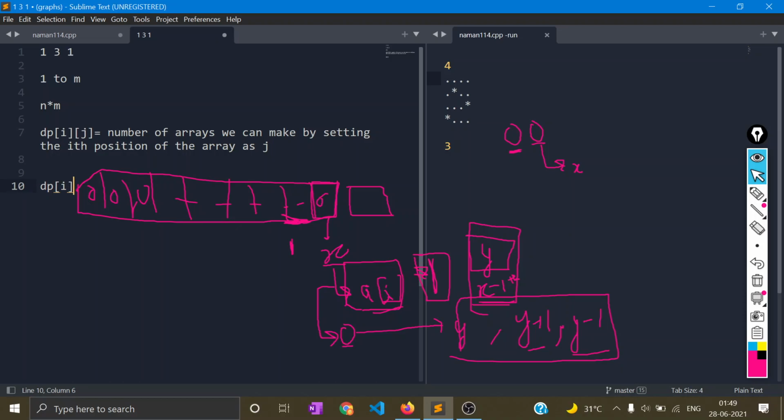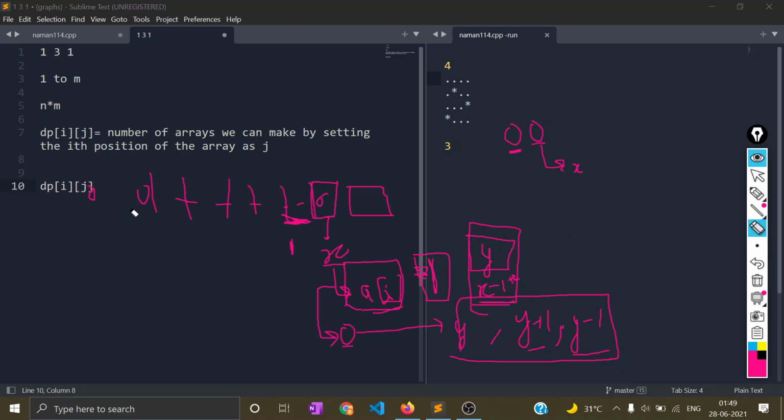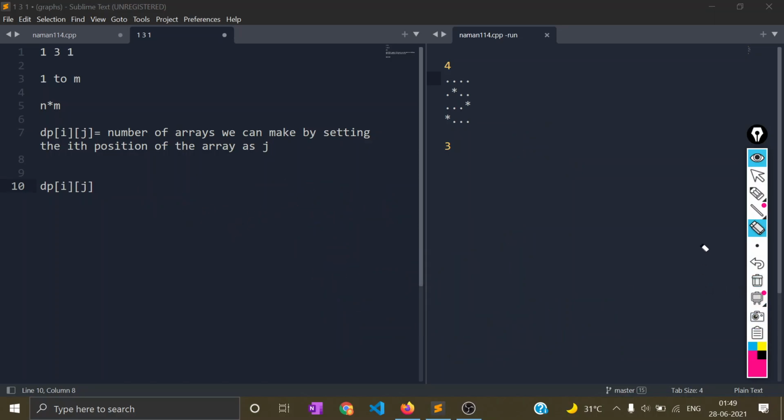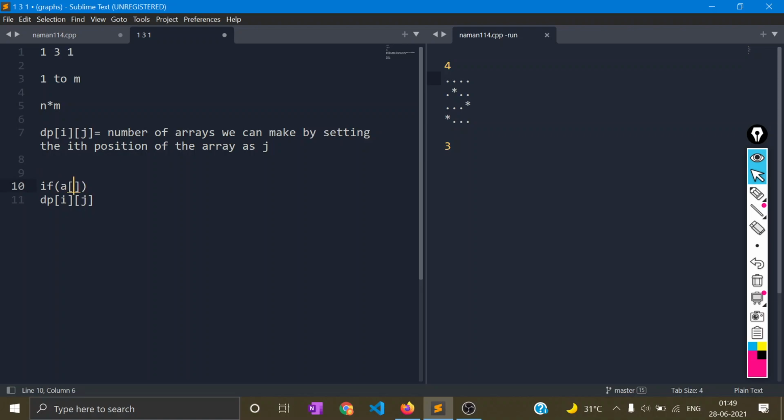So for dp[i][j], there are two cases. If A[i] is equal to zero, and I would be iterating over all the i's, then dp[i minus 1][j minus 1].